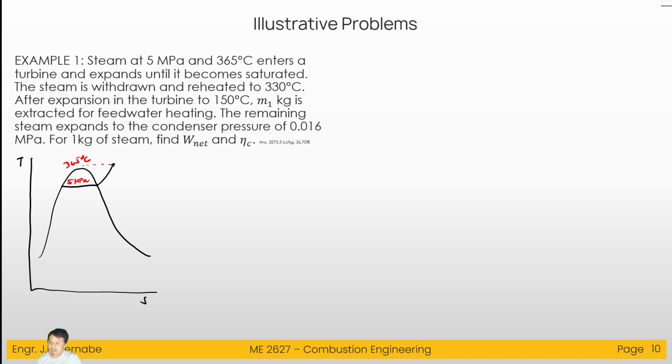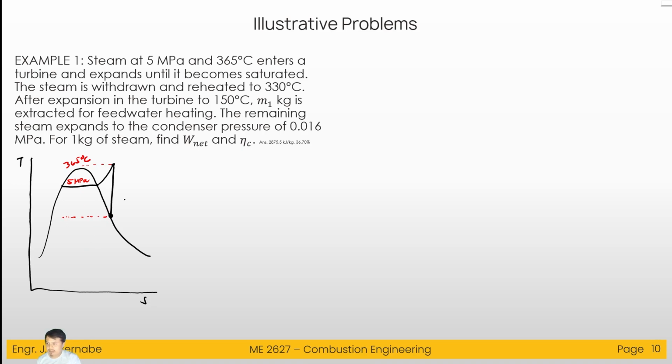And then it is expanded until it becomes saturated. So we have another pressure here that we can find later. We don't know yet the pressure, but we can find this pressure later.